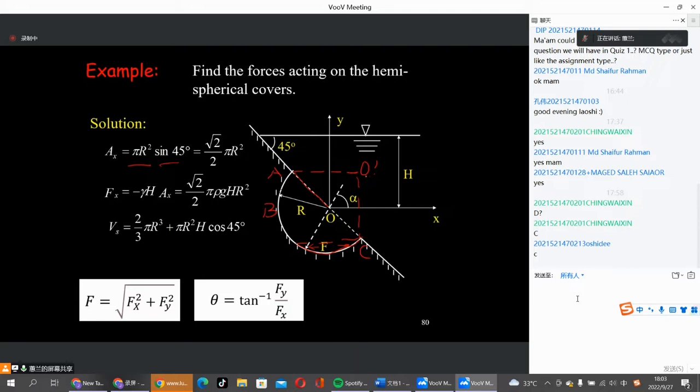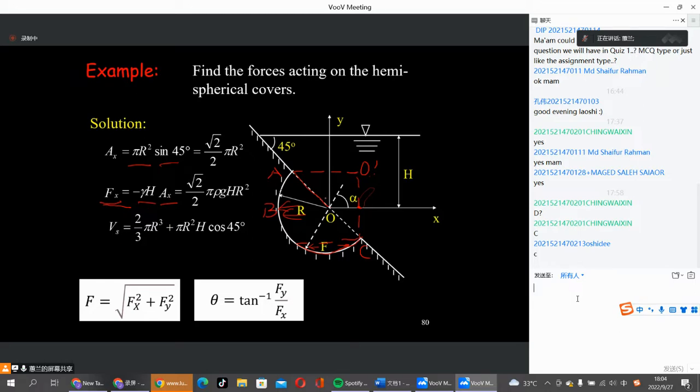The horizontal force is its central pressure, gamma H, times the area. Why is it minus? Because it is to the left, opposite the positive x-axis.